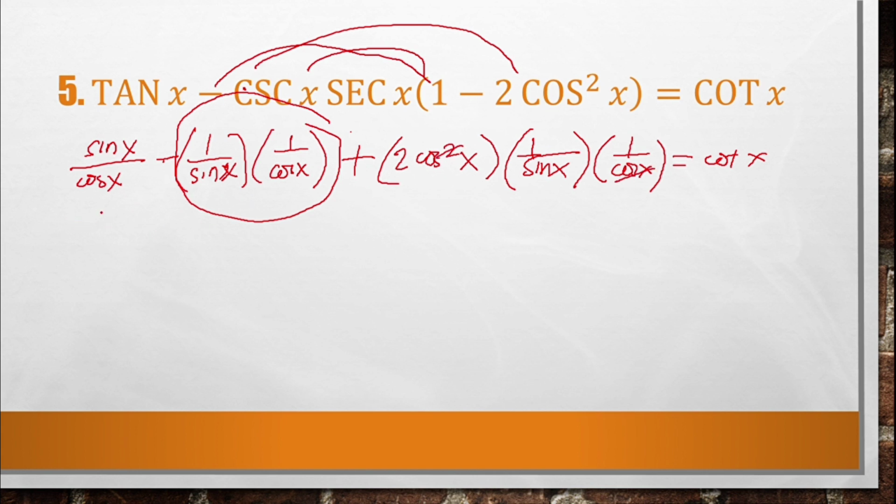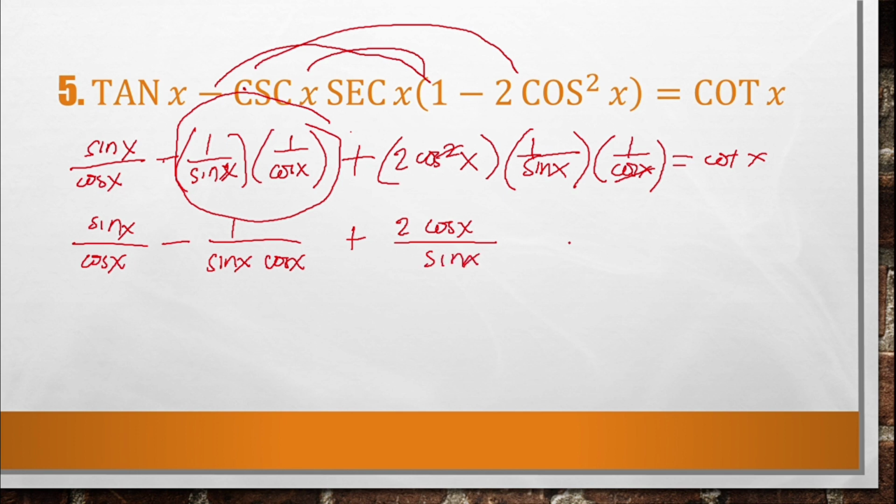So the remaining is sine x over cos x minus 1 over sine x cos x plus 2 cosine x over sine x is equal to cot x.